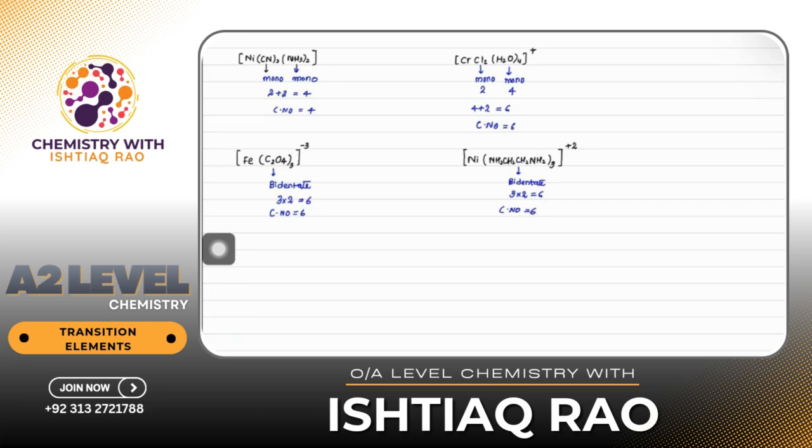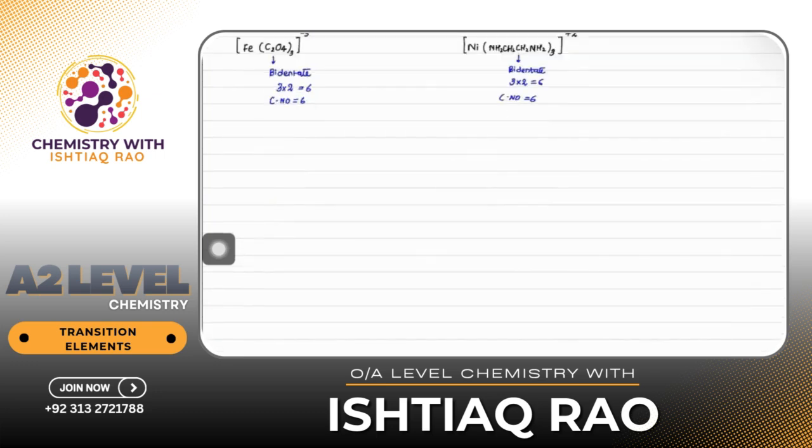Now, how to find oxidation number in a complex?